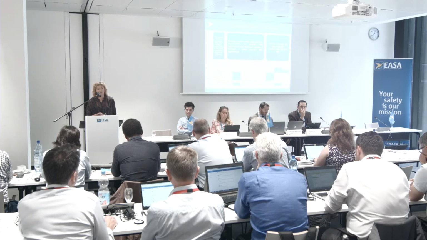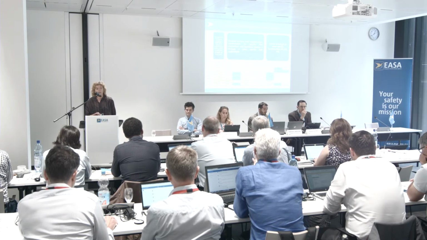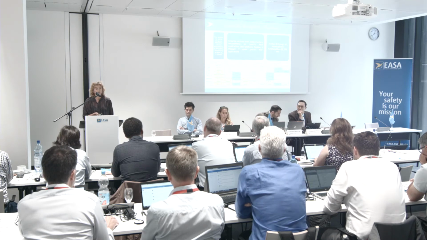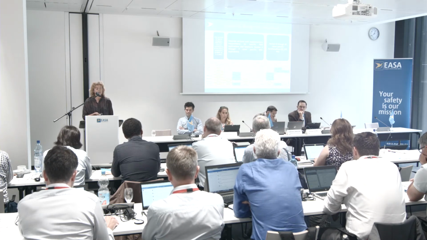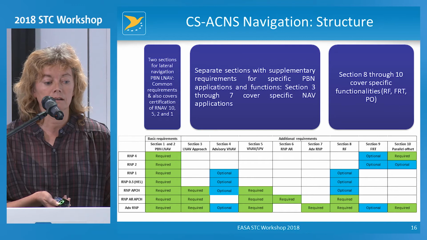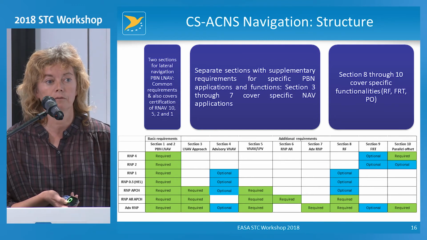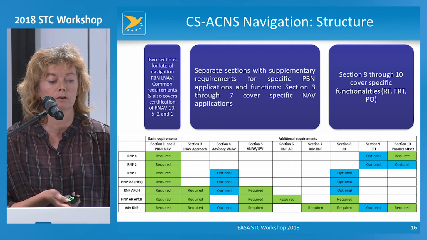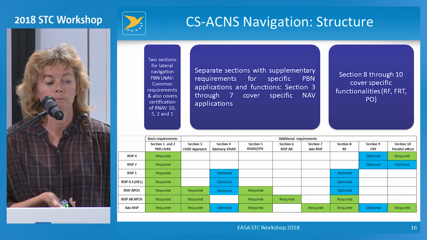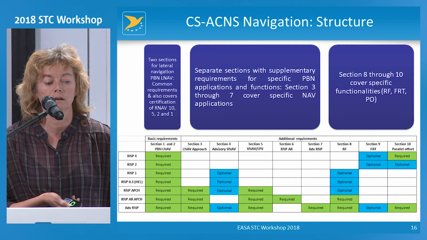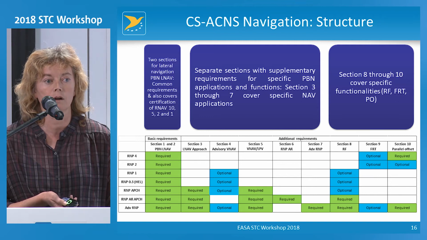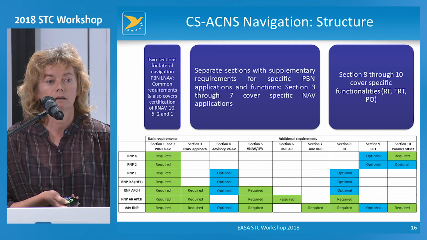In terms of structure, there is a bigger step forward compared to the previous AMCs. Now there is a kind of list of operational capabilities: RNP 4, RNP 1, RNP 0.3, RNP approach, RNP approach authorization required, or advanced RNP.